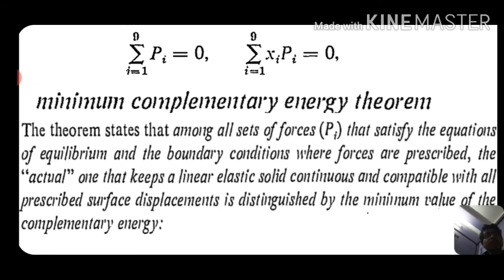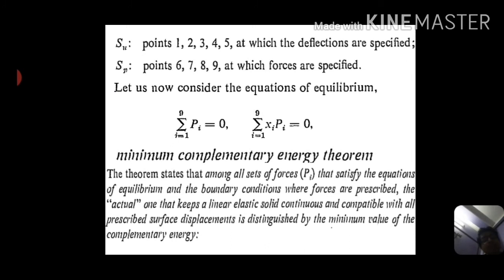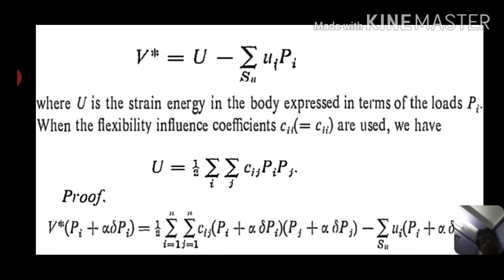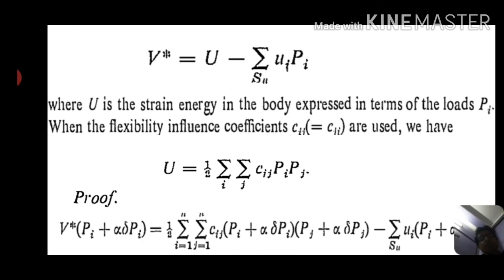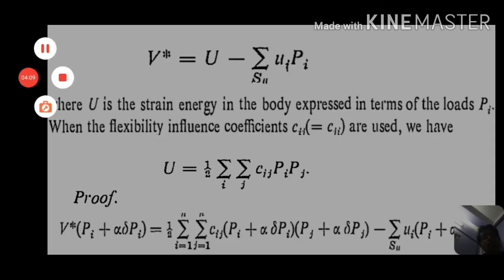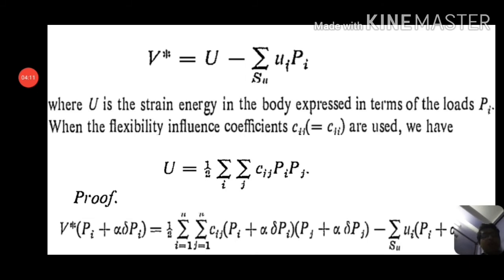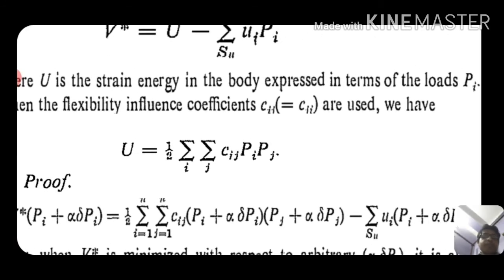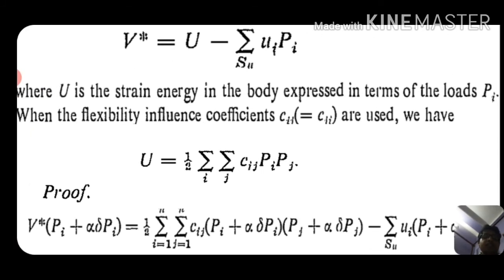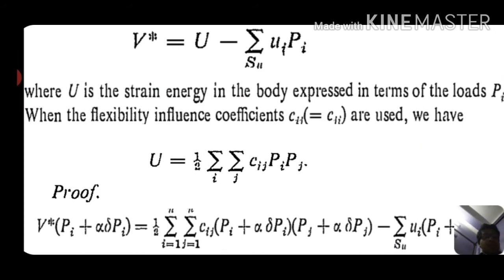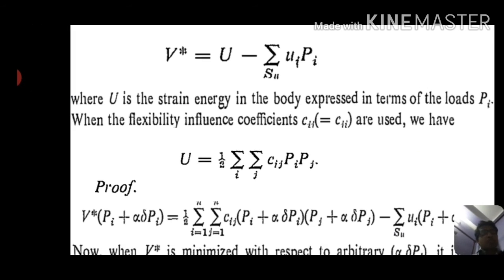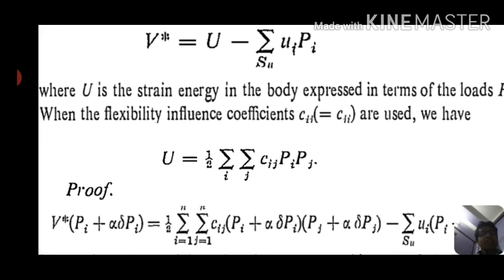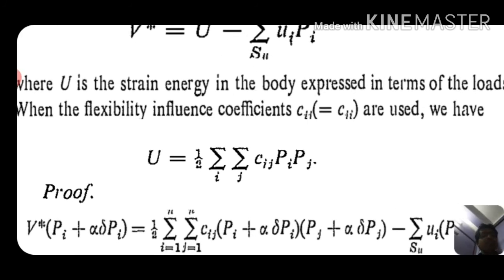According to the theorem, V star is equal to U minus the sum of Ui Pi, where U is the strain energy in the body expressed in terms of loads Pi, with flexibility influence coefficients Cij equal to Cji.